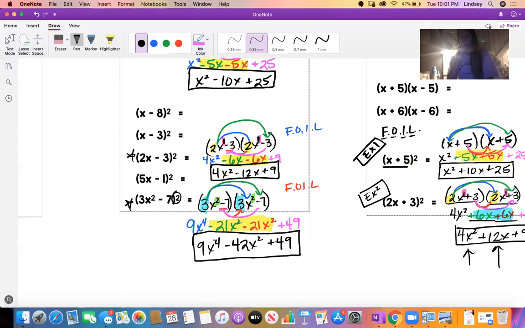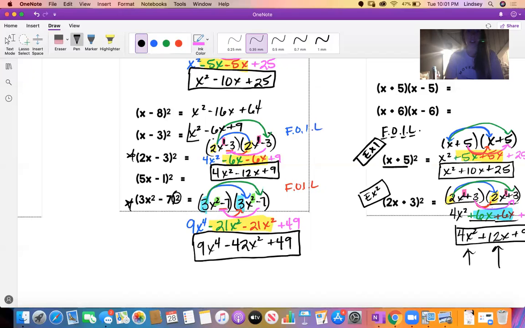Now, if you wanted to go back and redo these three on your own just to make sure you've got it, I'm going to go ahead and put those answers down. Okay, so you should have gotten x squared minus 16x plus 64. This one you should have gotten x squared minus 6x plus 9.